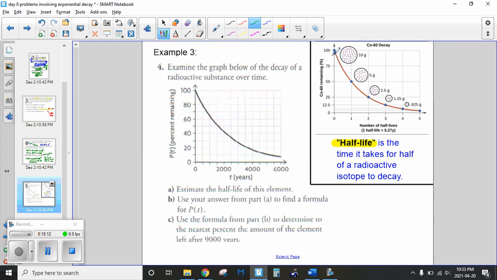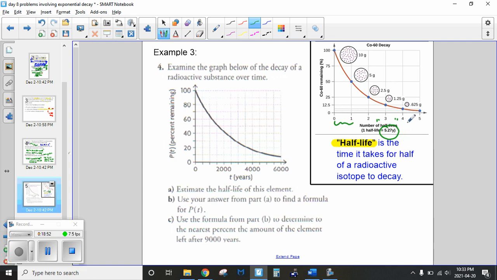And then it's going to decay over time because it's radioactive and it's turning into something else. So after some amount of time, you're down to 5 grams, or 50%. At some later time, you're down to 25%, 12.5%. So half again. So these are half-lives. And this is like one half-life for cobalt that happens to be 5.27 years. So every 5.27 years, the amount of it is cutting in half.